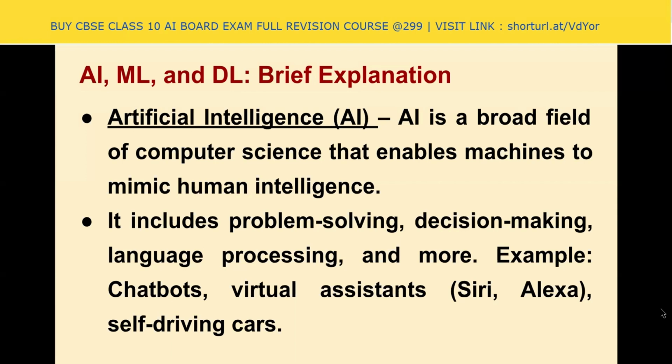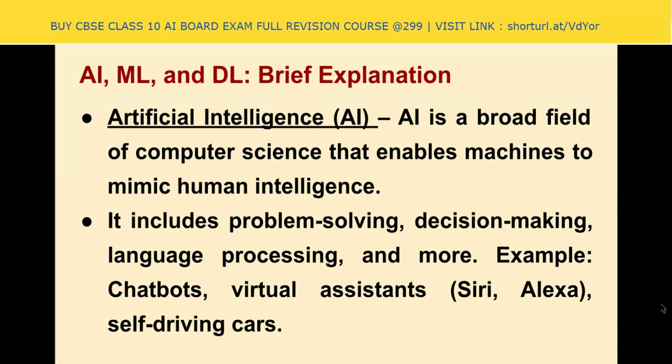AI is a broad field of computer science that enables machines to mimic human intelligence. It includes problem solving, decision making, language processing, and more. Example: chatbots, virtual assistants, Siri, Alexa, self-driving cars.